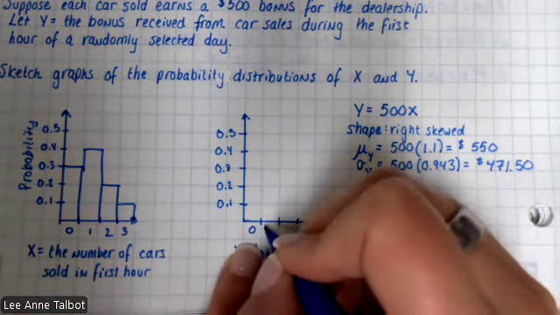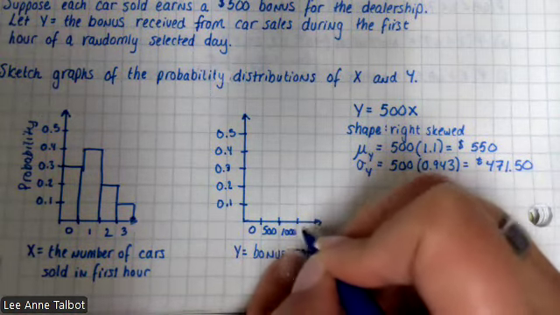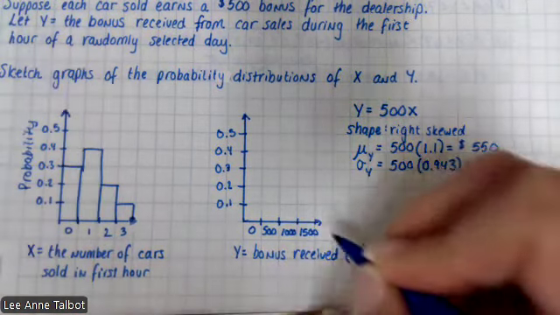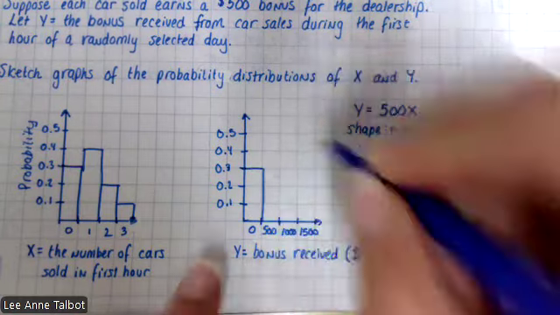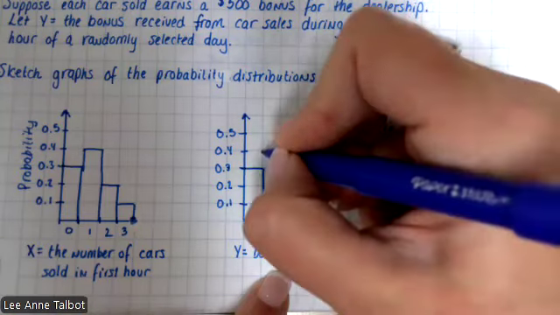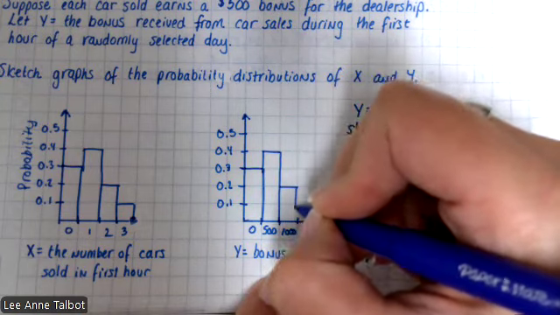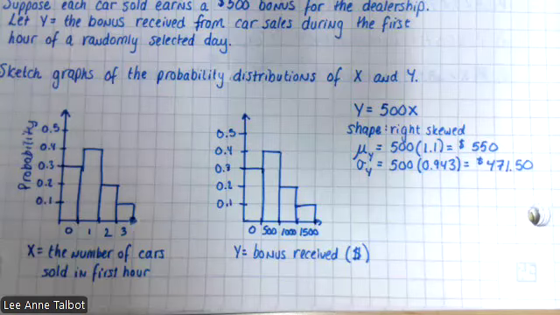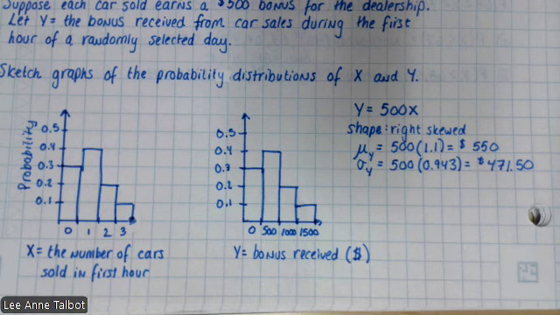So this will be 0, 500, 1,000, 1,500. And notice this got way more spread out as you would expect, but we're going to make our graph look the same to show that that shape does not change. Taking a look at that second picture, does it make sense to you that the mean might be 550?